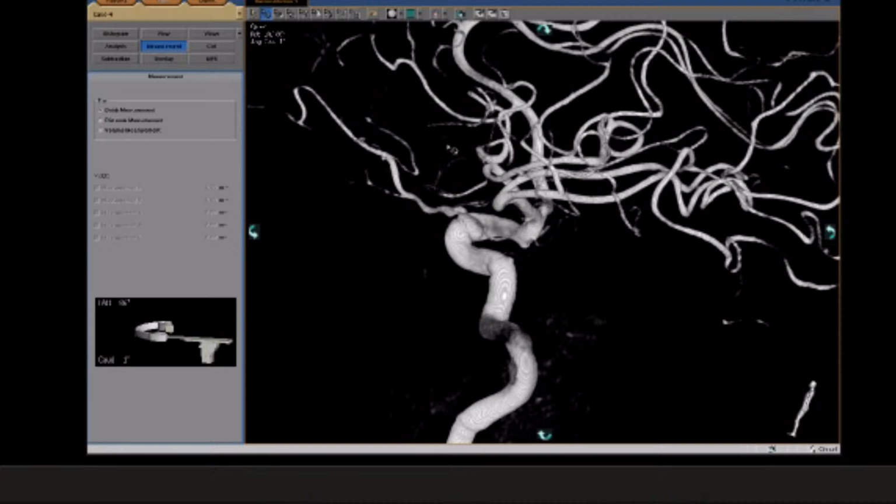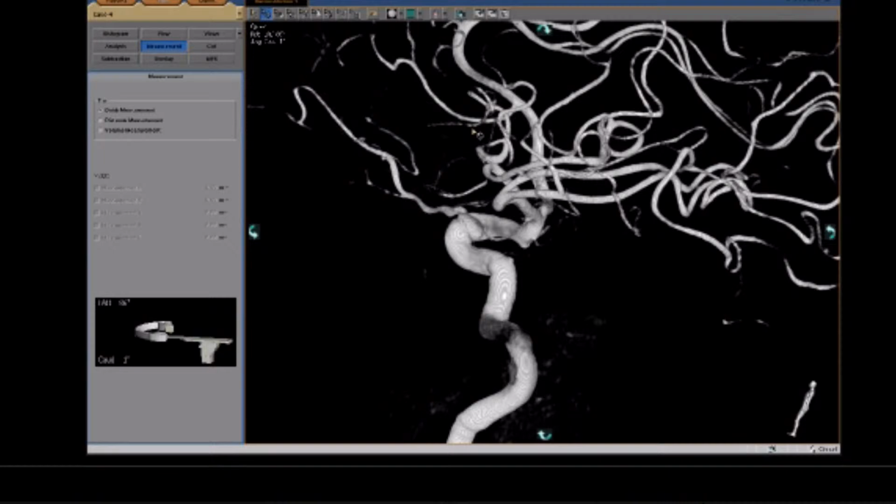And now my colleague Davlet is doing 3D angiography for the right side, and the aneurysms are incidental, and now we can see the right side.